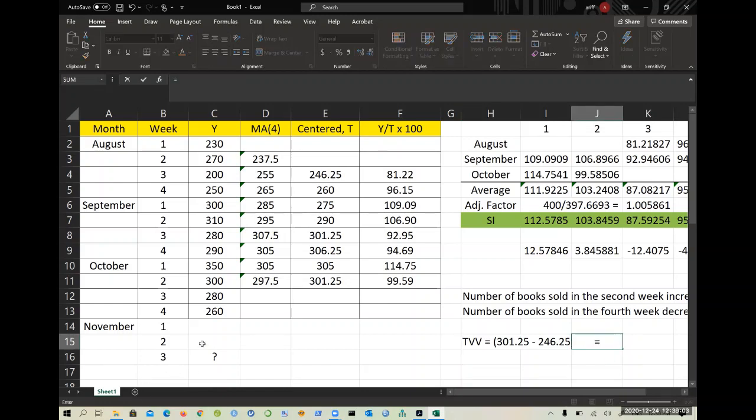Okay, you get 7.857, right? So this is the value for the TVV.